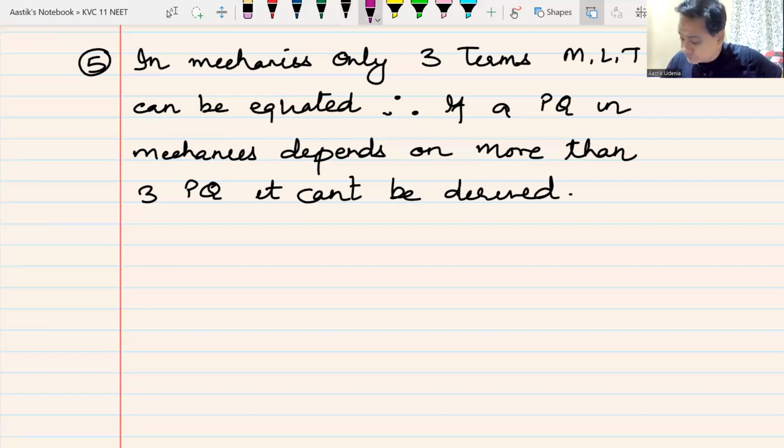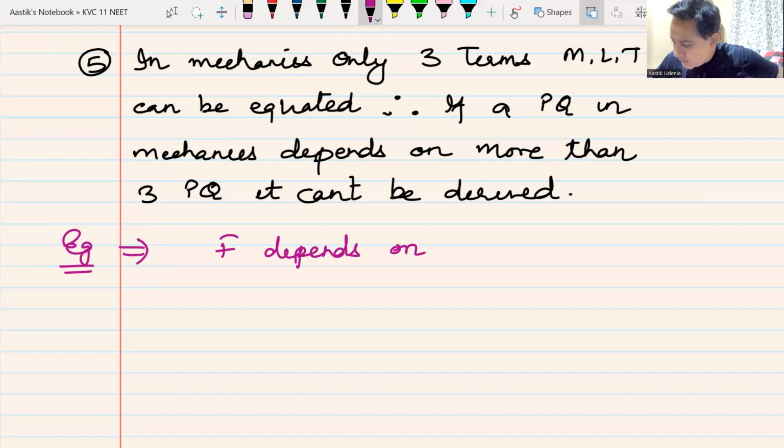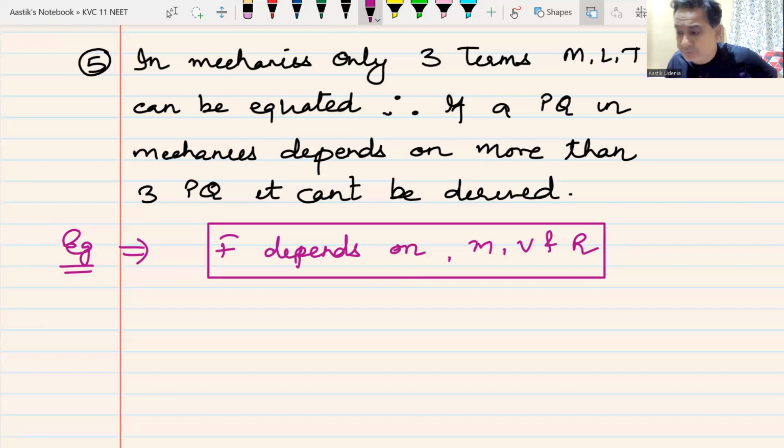For example, if I say force depends on mass, velocity, and R. If I say that force acting on a body depends on m, v and r, can I derive it using dimension analysis? Yes or no? It is a rough formula that I'm saying, not the exact formula. Can I derive this force using dimension analysis, the rough formula? Yes or no?